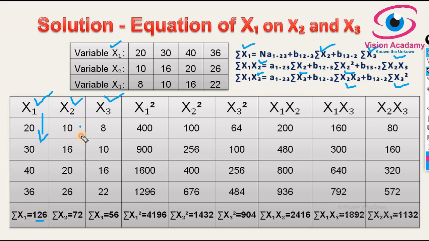The same thing, summation x2 is 72. Same here, summation x3 is 56. So we obtained summation x1, x2, x3.